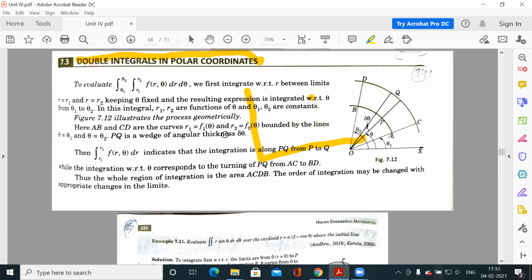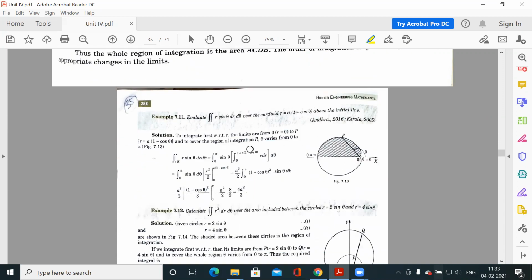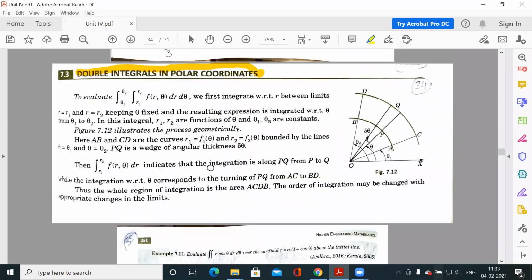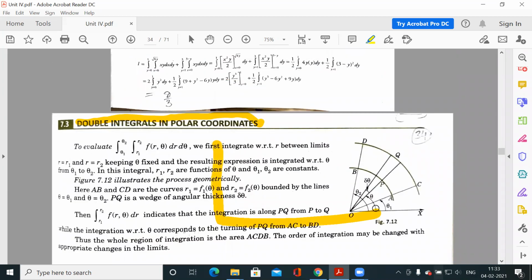So I hope you know what the polar coordinates are. Suppose this is your point in the xy plane, meaning Cartesian form, with xy axes. So this point is, suppose, (x, y). This is the Cartesian coordinate, and if you find the polar coordinate of this point, then from the origin to this point a line is drawn.